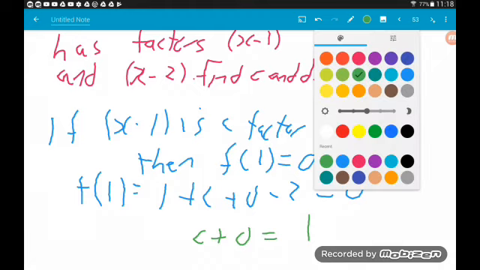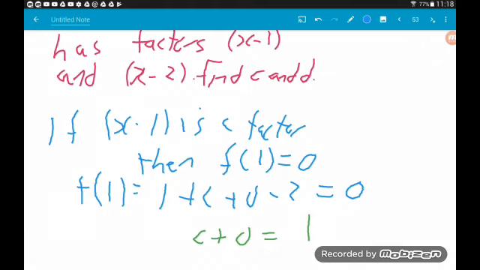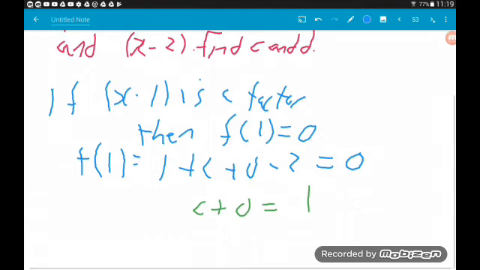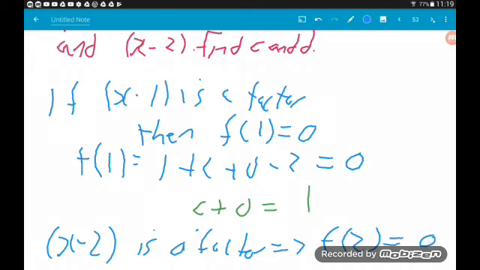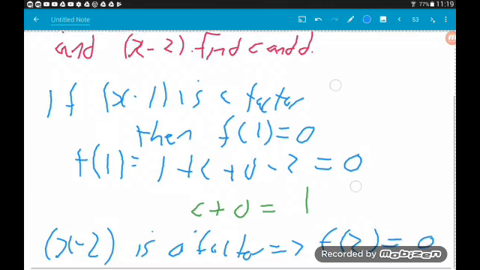Now, we also know that x minus 2 is a factor. So x minus 2 is a factor, and that implies f of 2 is equal to 0. So now we're substituting in x equals 2.